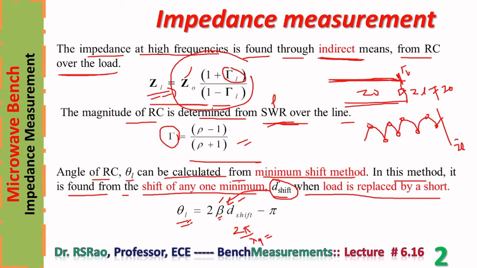Now, if the load is replaced by a shorting plate, then the pattern shifts either towards the source or towards the load. The amount of shift can be measured by measuring the shift of a minimum. Let us say this minimum. When the entire pattern shifts, the minimum in the pattern also shifts. Measure the shift of a minimum. How much it is shifted, that is D shift. From D shift, one can get theta L.